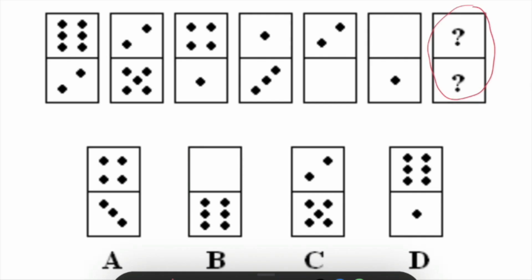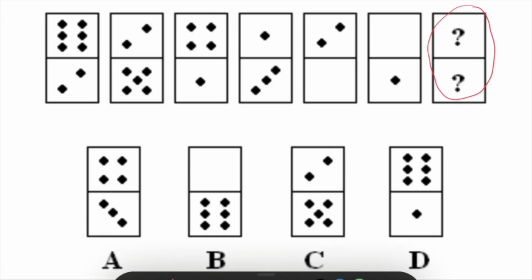I'll make sure I understand the relation between the different pieces of domino, the thing that connects them, and in light of this, I'll reach my conclusion about which choice is right: A, B, C, or D.